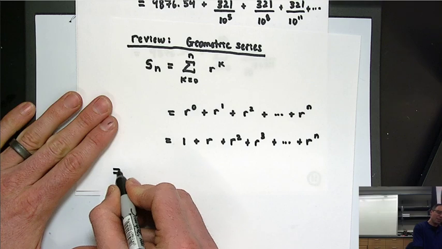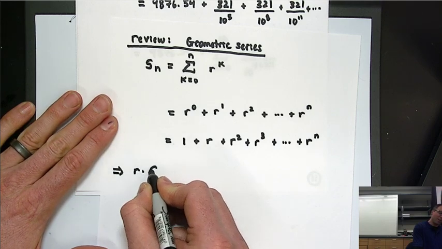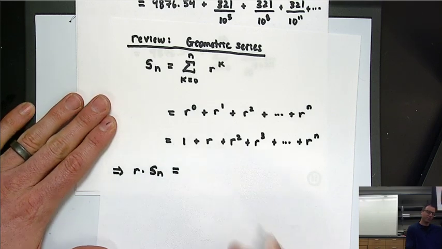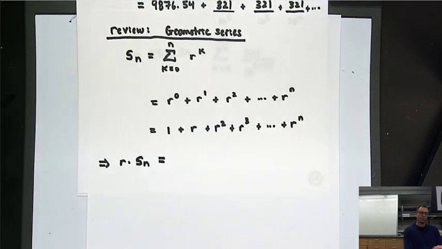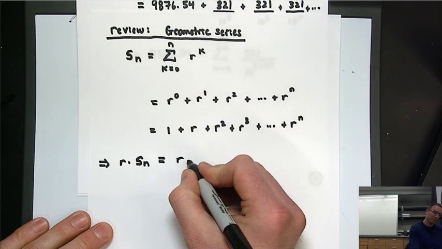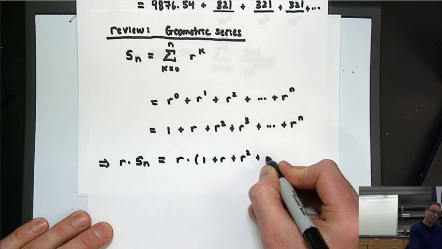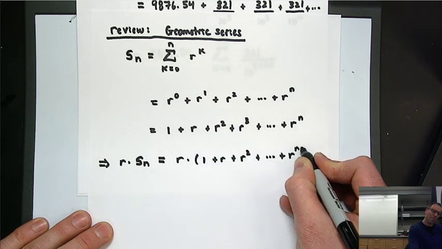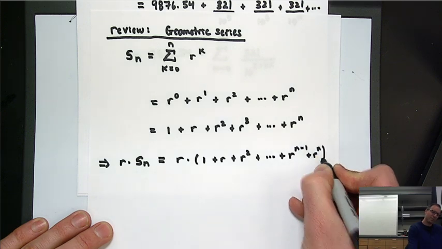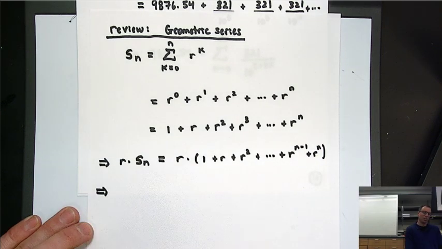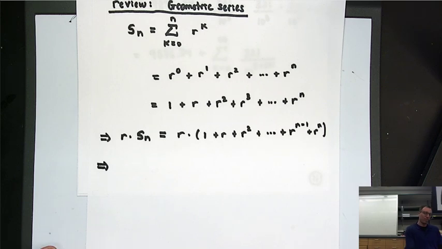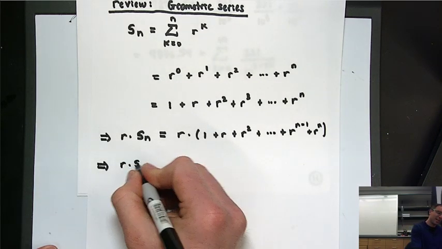What would that immediately mean if I multiplied that entire thing by r? Okay, and then why don't I do 1 minus... Okay, so what's that now? So this is r times Sn.